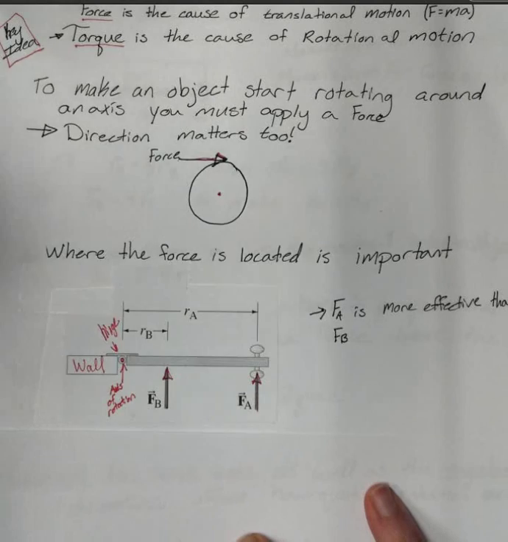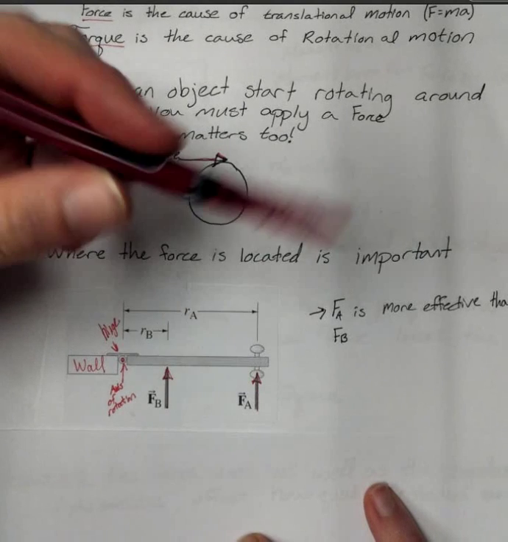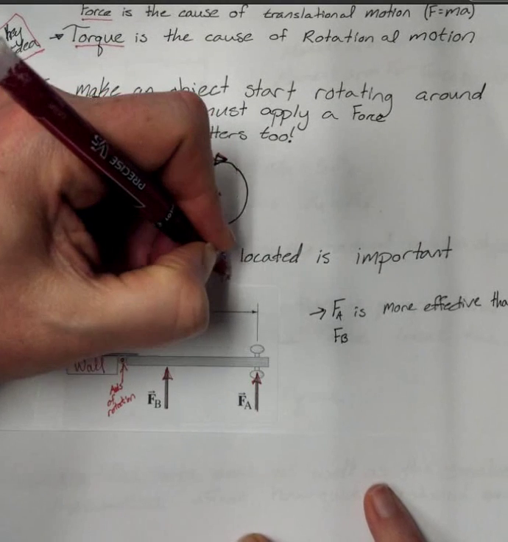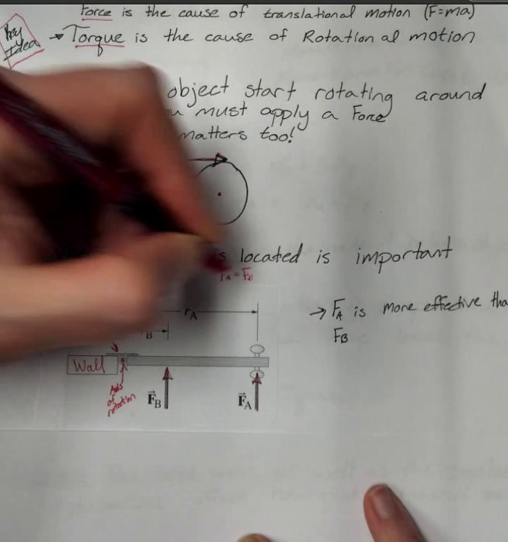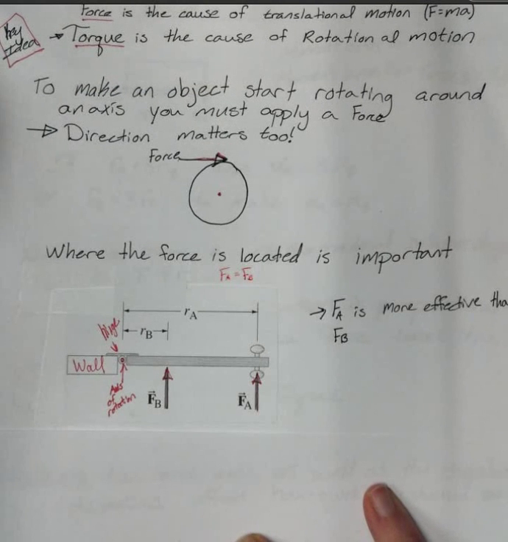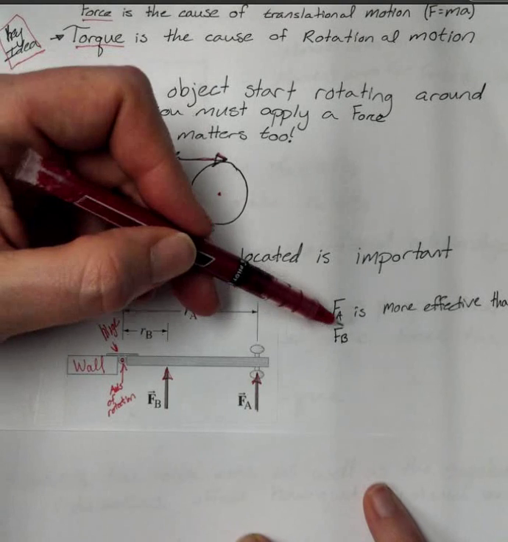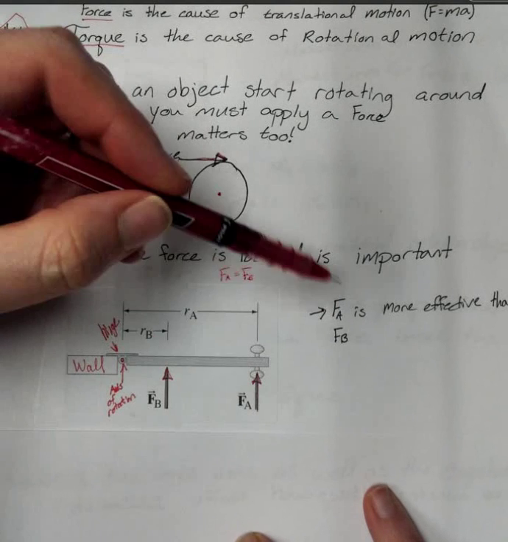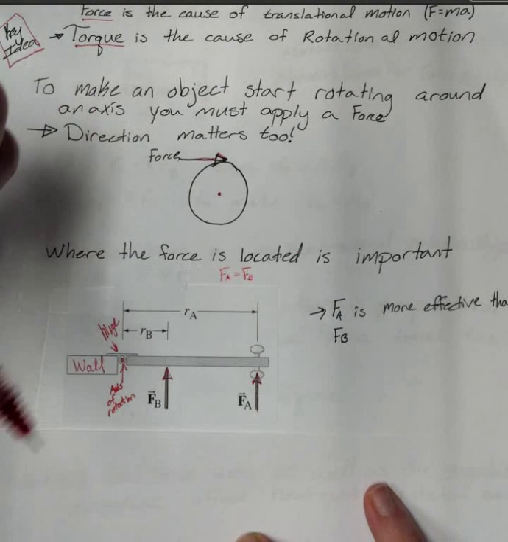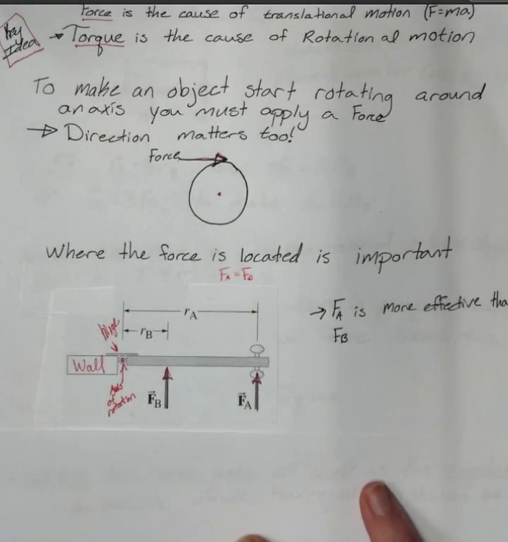Even if FA is equal to FB, the exact same value, you know that the force at position A is going to be more effective than the force at position B, which means it's more than just the size. Applying the same force with a different distance away from the axis of rotation is going to be more or less effective depending on how far away.